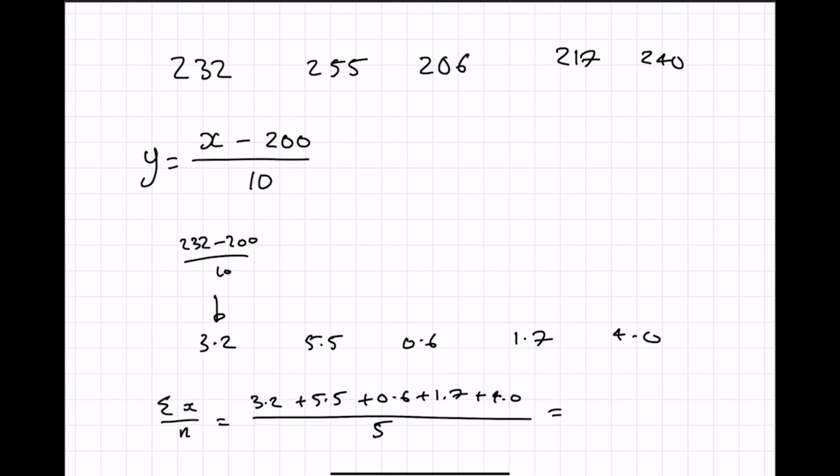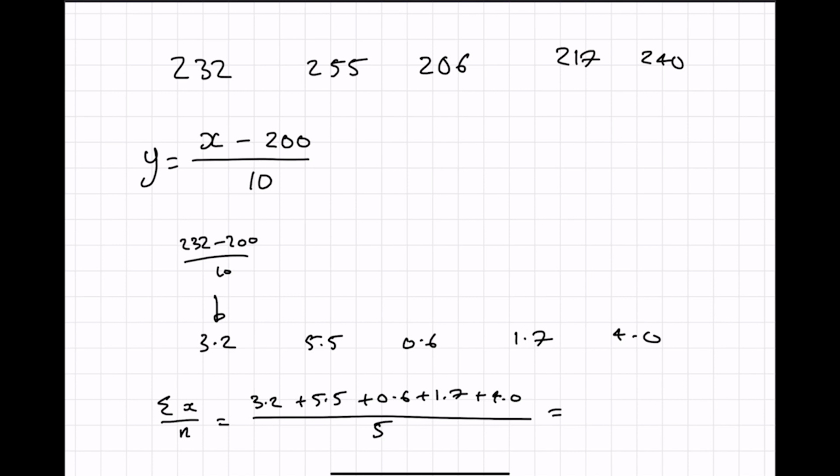So if you do that into your calculator, we've got 3.2 plus 5.5 is 8.8, then 9.4, then let's make sure I've done this right, plus 1.7 plus 4.0 should turn out to give you a total of 15.